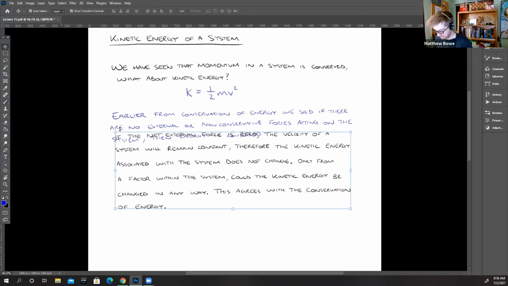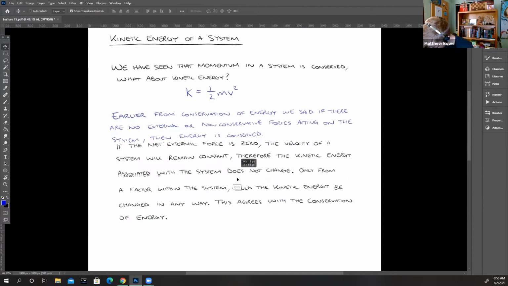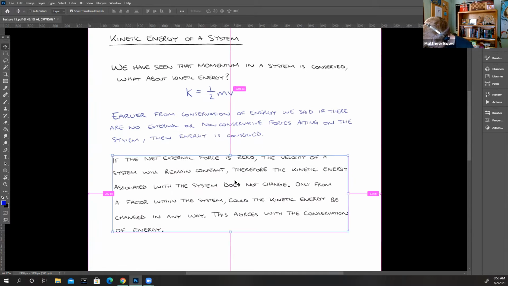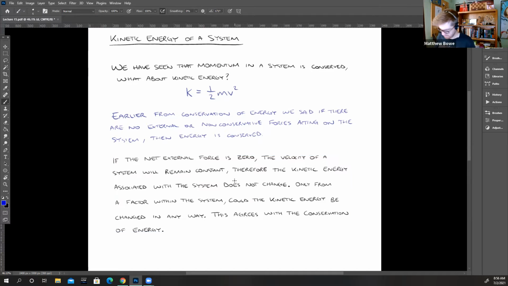So for momentum, now looking at momentum, we have this thing where pieces might collide, pieces might come in from different places.